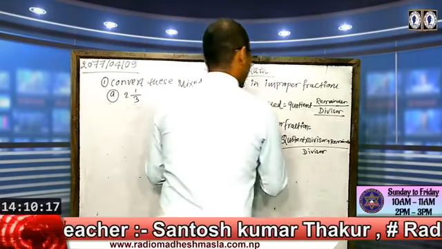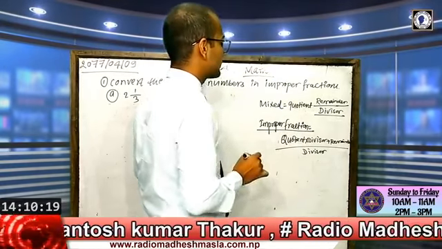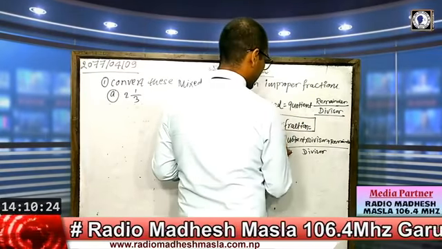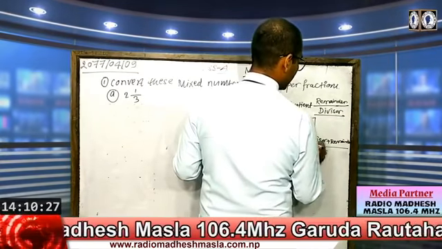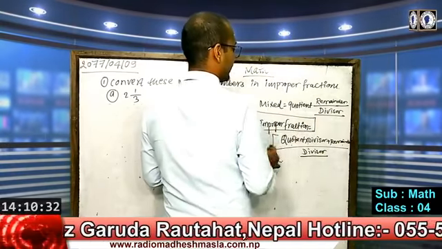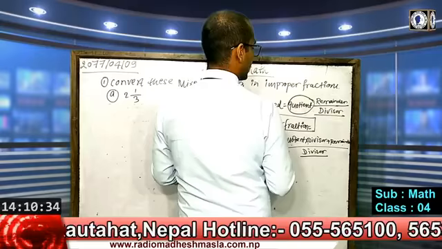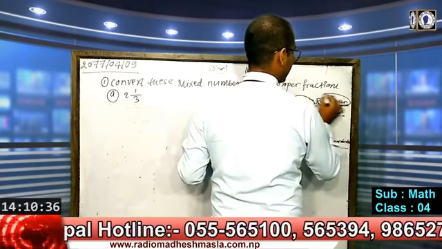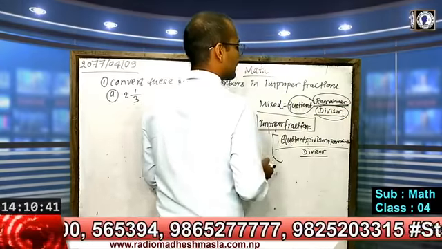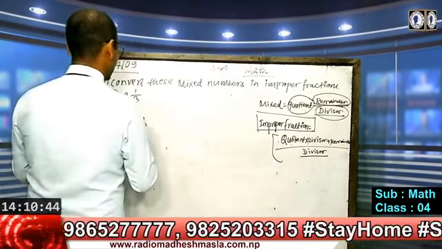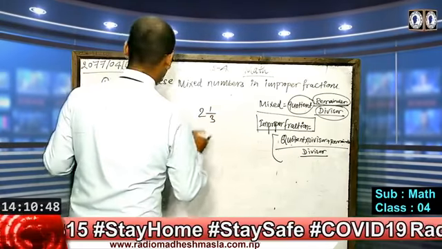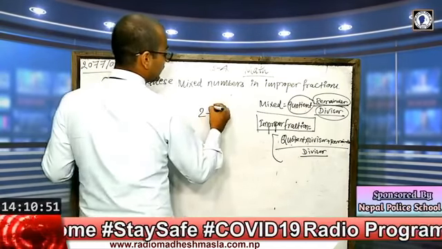So to convert the mixed number or mixed fraction into an improper fraction, we should use the formula: quotient into divisor plus remainder, by divisor, where the quotient is written at the side in the mixed fraction, the remainder is written as a numerator, and the divisor is written as denominator. So here we have the given fraction 2 and 1 by 3, where this 1 is what?